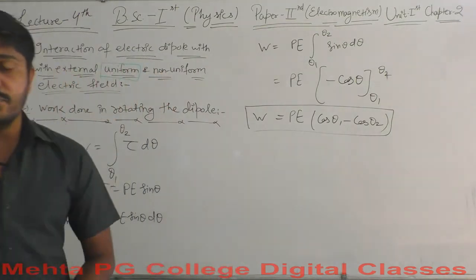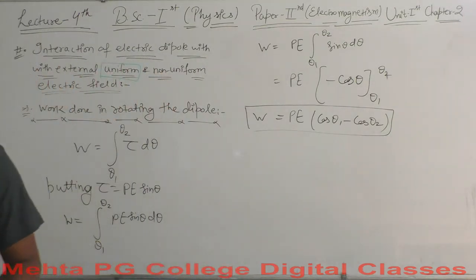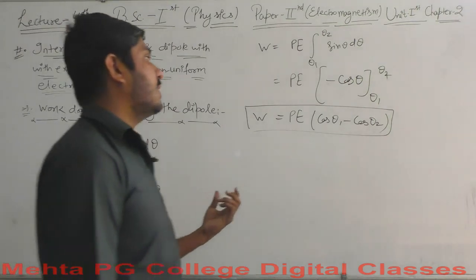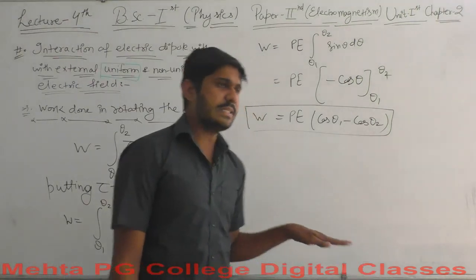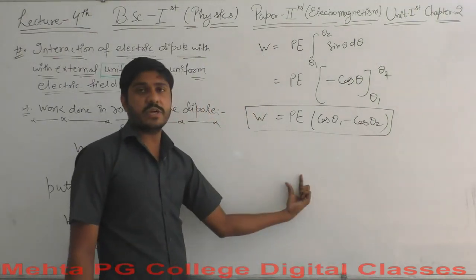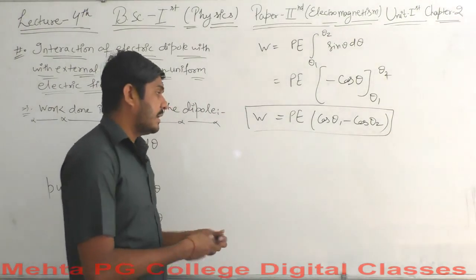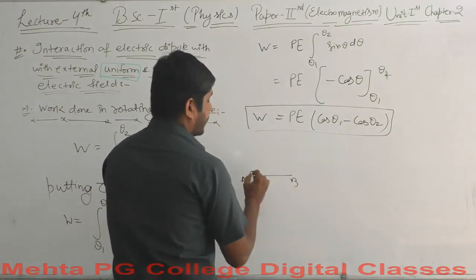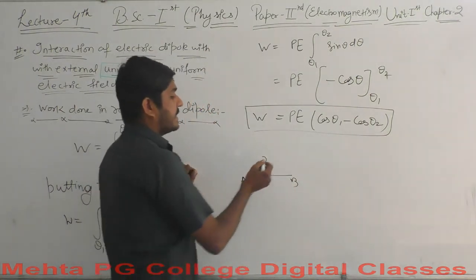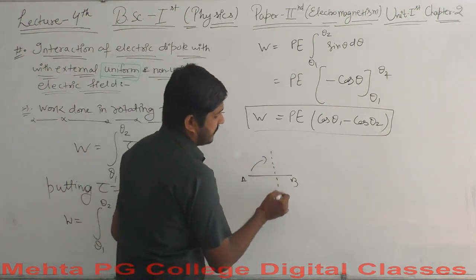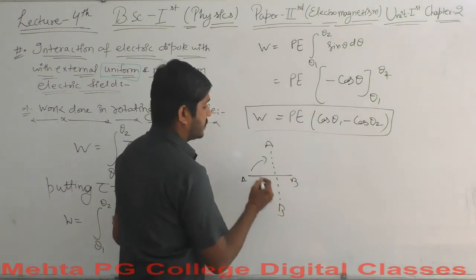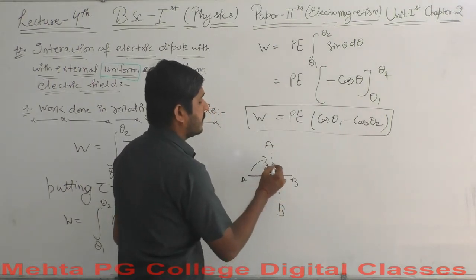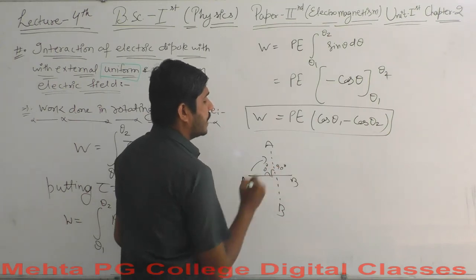But if we are rotating the dipole, let's say that initially the dipole is at 0 degrees, parallel to the field, and then we are rotating it to the maximum value. Let's say initially the dipole is in this condition, but we keep on rotating and get the final position. So initially the angle is 0 degrees, but finally the angle reaches 90 degrees.